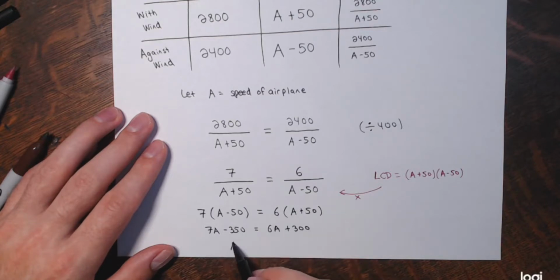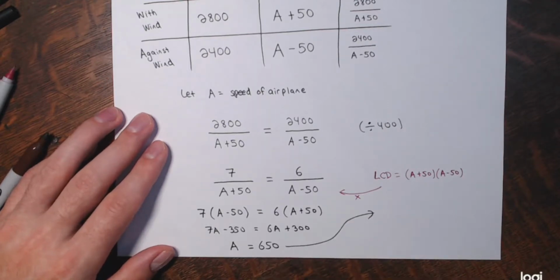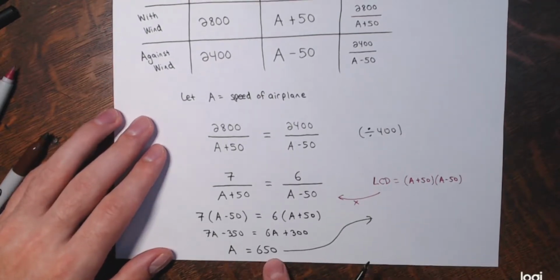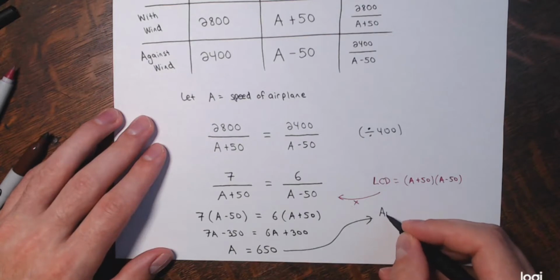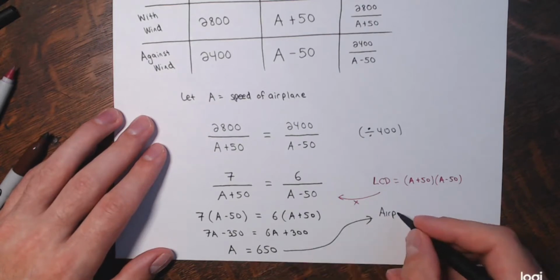Subtracting 6a gives me a on the left, adding 350 gives me 650 on the right. So the only solution here is that a is 650. So remember that represents the speed of the airplane. So the airplane travels at 650 miles per hour.